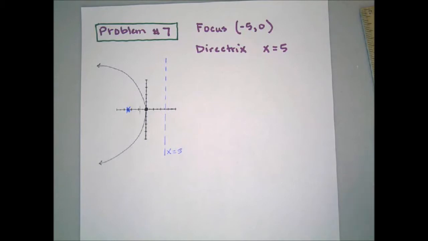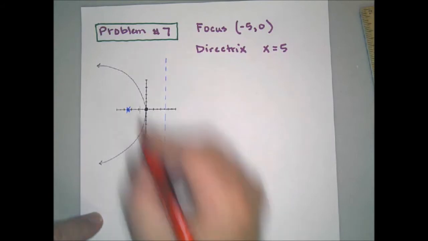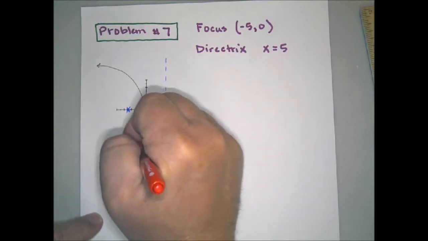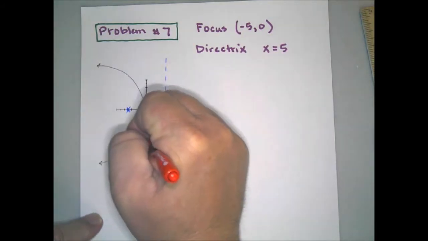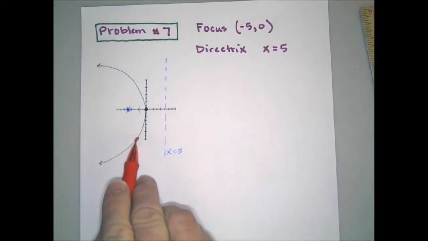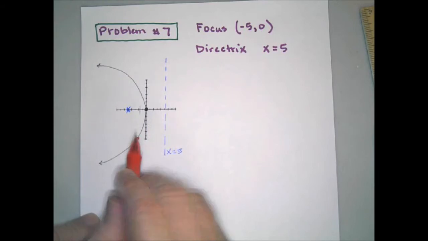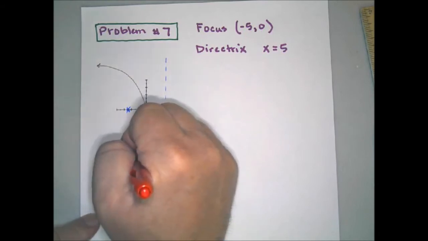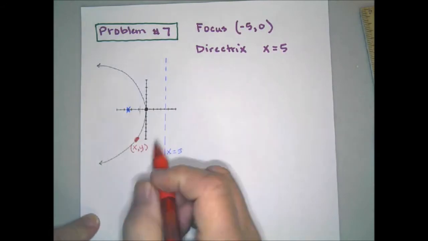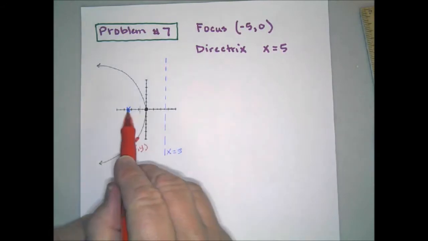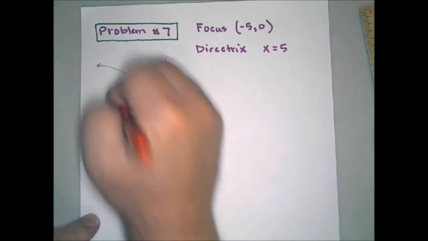Now, what we also need to do is pick a point on the parabola anywhere. So let's pick a point like right here. We have no idea what the ordered pair of that point is. So let's just call it x, comma, y. Now we do know what that is. Remember that was negative 5, 0.